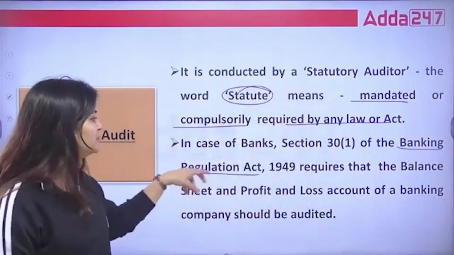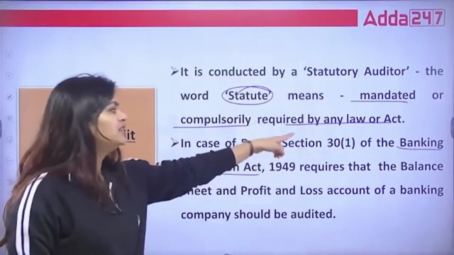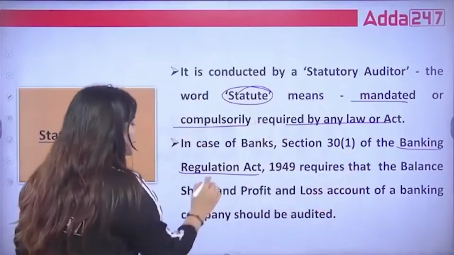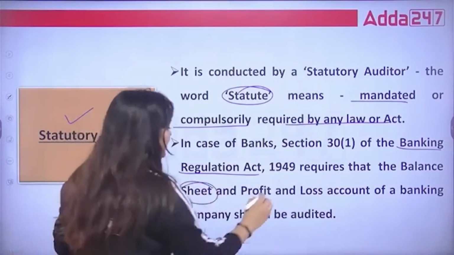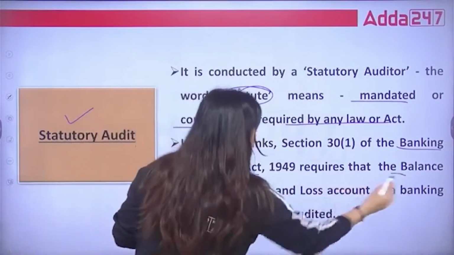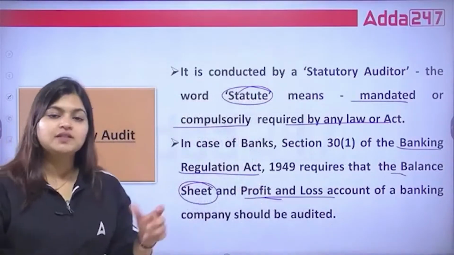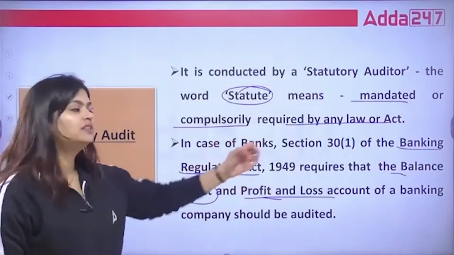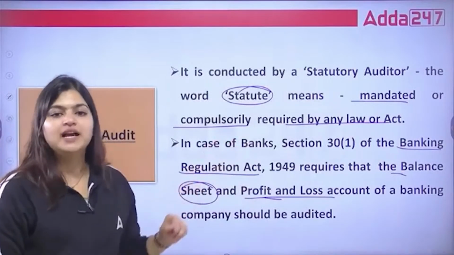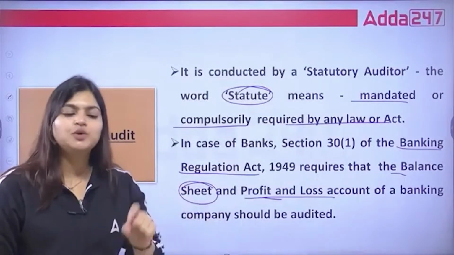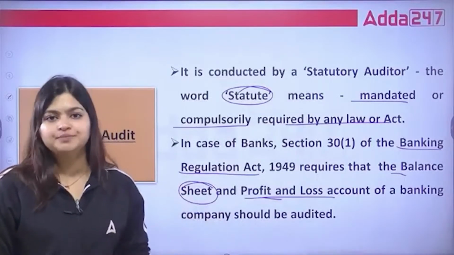As per this Banking Regulation Act, Section 30, every bank, listen, every bank needs to compulsorily audit their balance sheet and their profit and loss account. Section 30 of the Banking Regulation Act 1949, that every bank needs to conduct this audit every year.